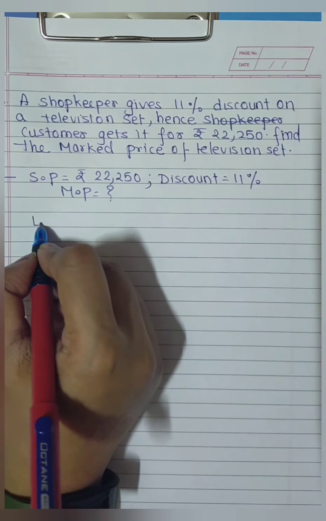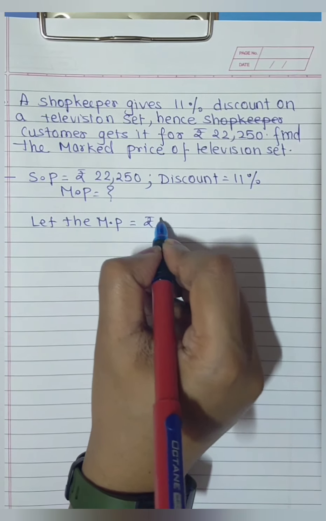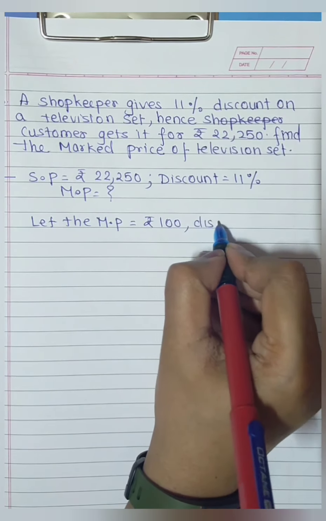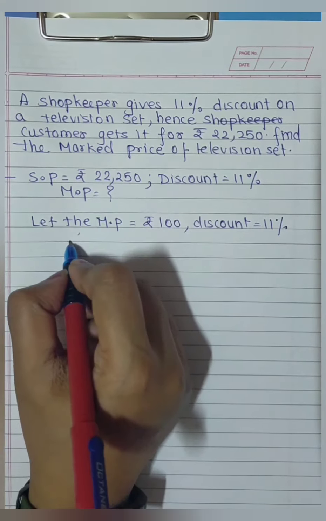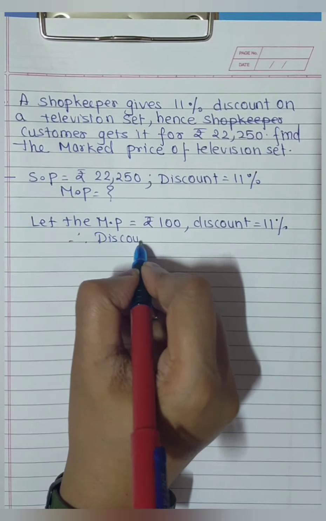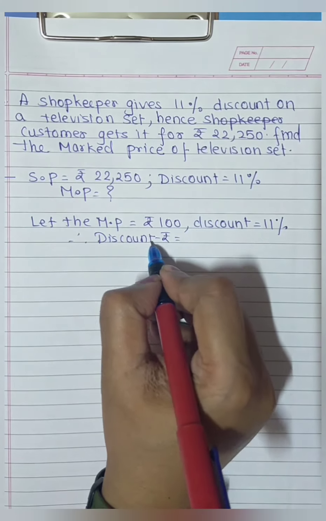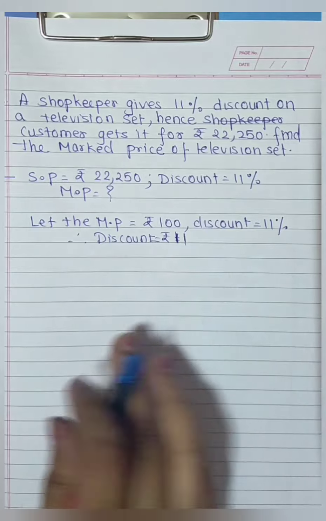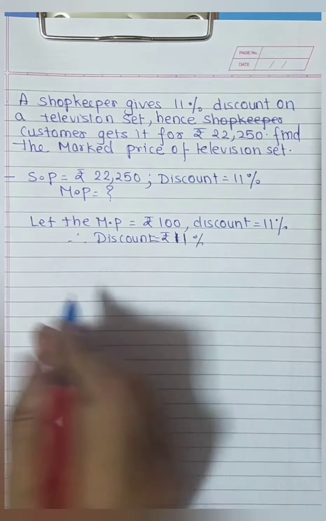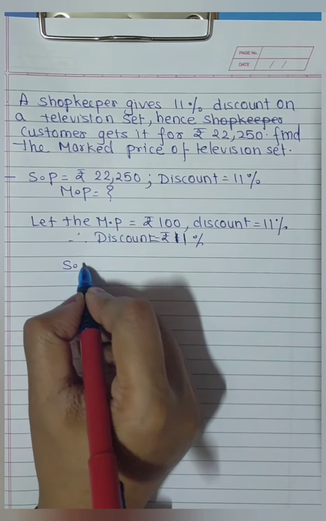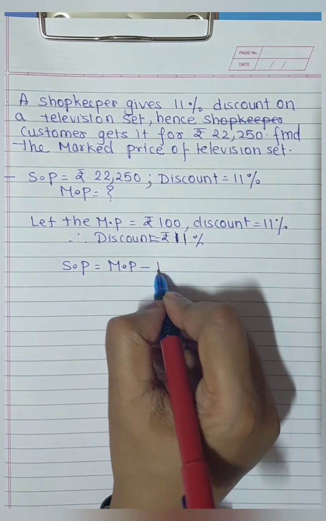So let the MP be equal to rupees 100 and discount 11%. So therefore discount is rupees 11. Okay, so here SP is equal to MP minus discount.